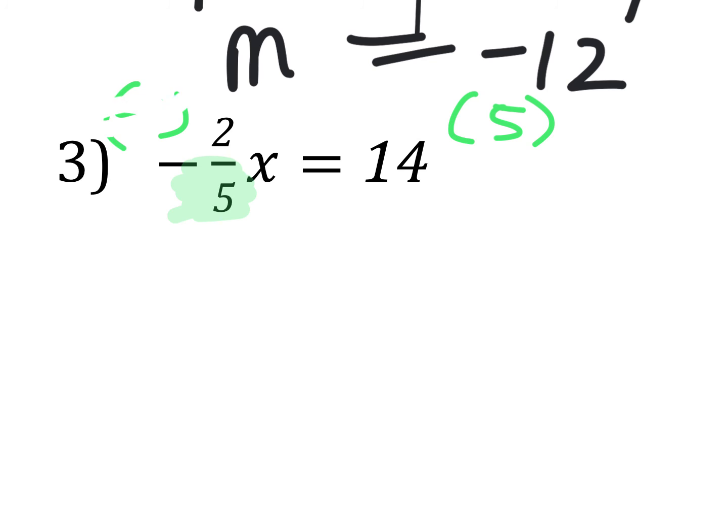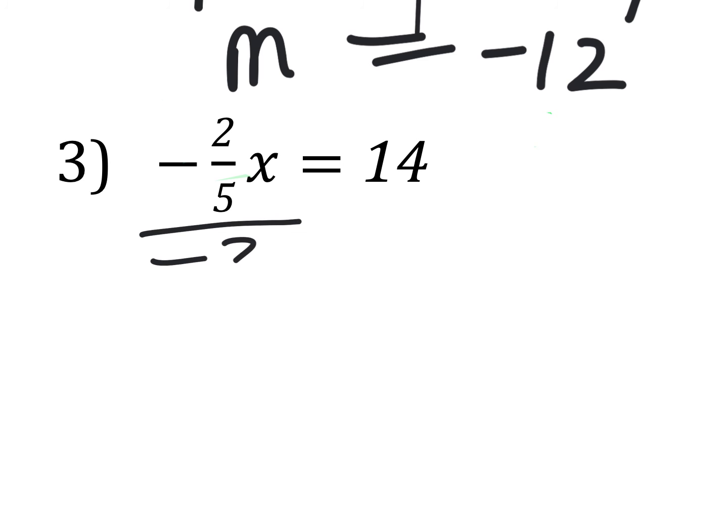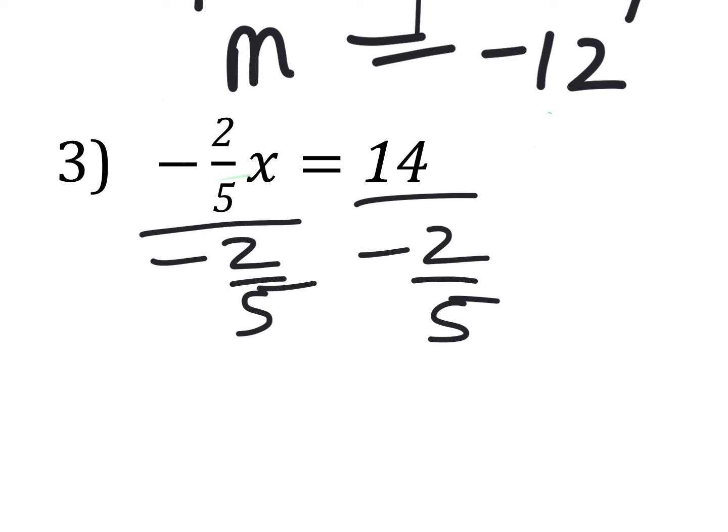Hey, Julian offered me a great idea, let's go ahead and do that. I'm fine with doing that, Julian. All right, because we got a fraction button on our calculator. And so 2/5 sitting next to the x means multiply, right? Julian's right. Just divide both sides by negative 2/5. You can do that too. You've got the fraction button on your calculator.